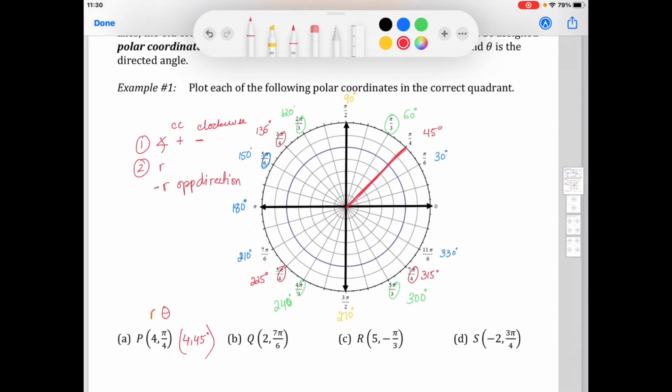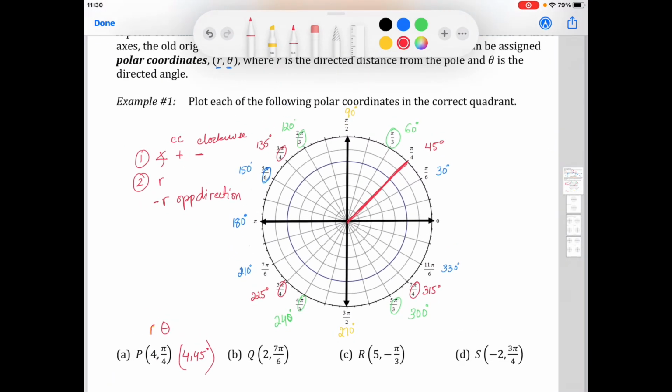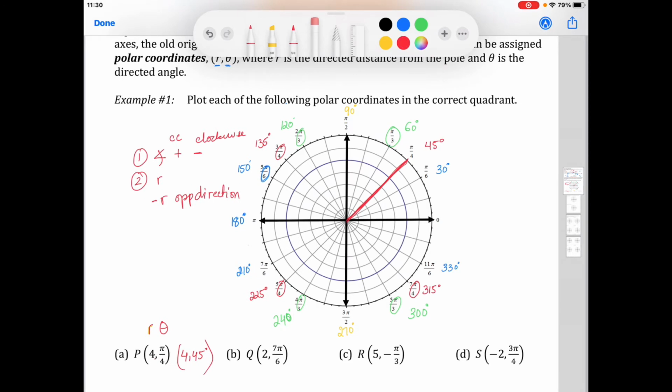How do I know where that point lies? You're going to go 4 places from the pole. So I'm going to erase this, and it's going to be 1, 2, 3, 4. So this is 4 here. So that's your point P. Now the next one is 7 pi over 6, which is 210.